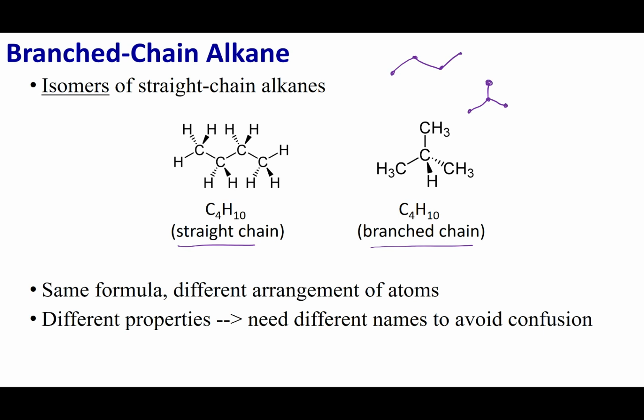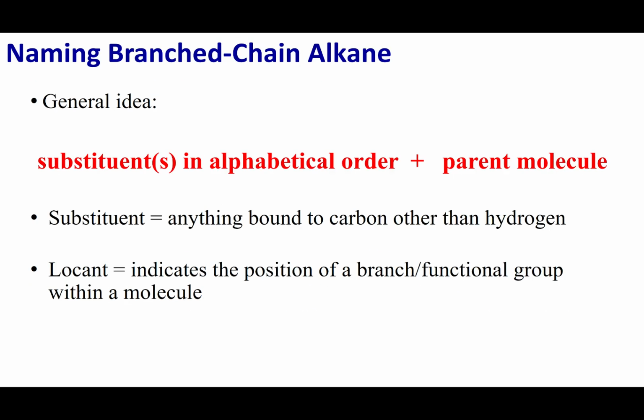So we have to figure out how to differentiate between these two when we start to name these compounds. Because remember, as I showed you in the last lecture, both of these have different boiling points, and there are other properties that differ between these two compounds. Now, in order to name an organic compound, you're going to follow this basic idea. You figure out what the parent molecule is, and it goes on the end of the name.